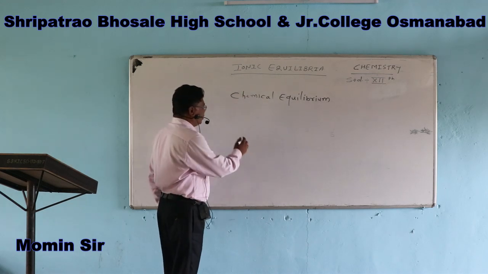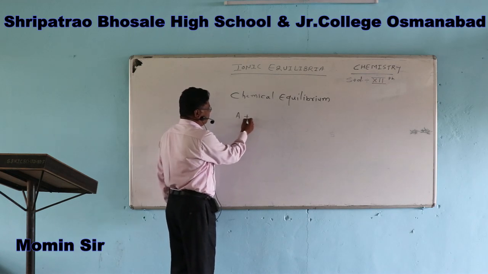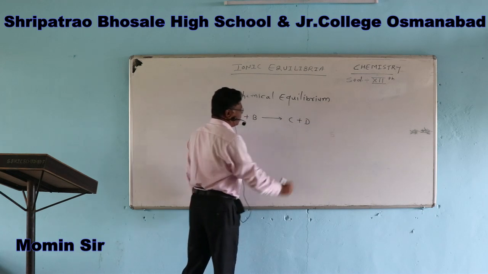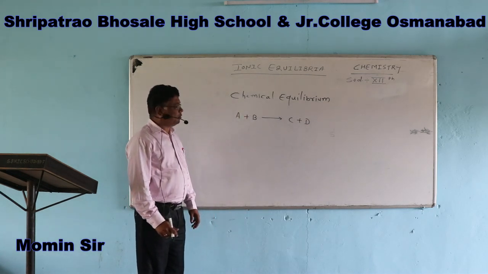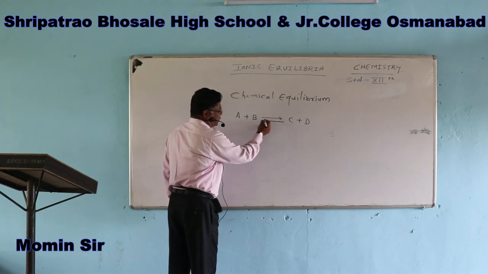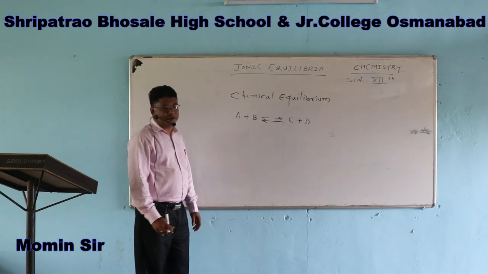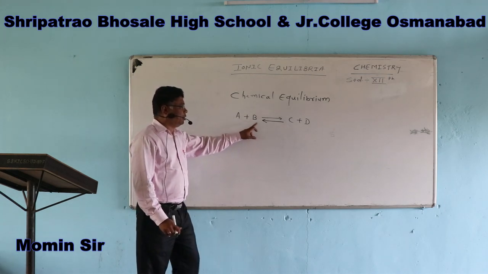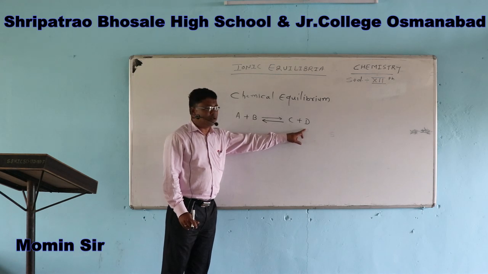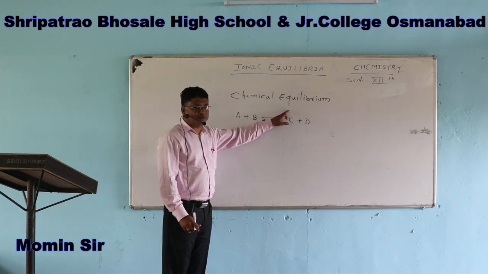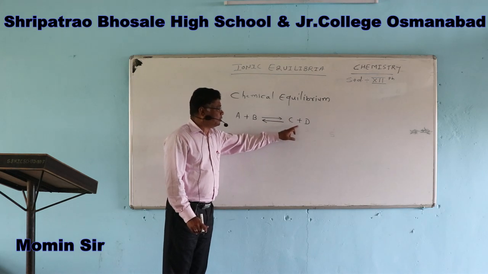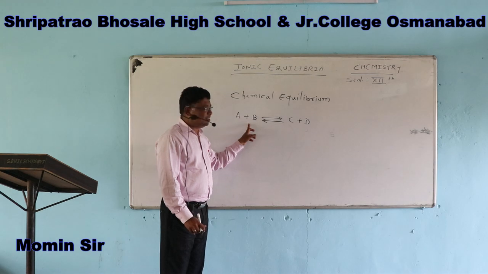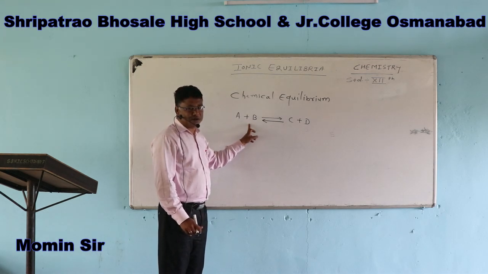You know that in a chemical reaction A plus B react to give C plus D, and C plus D again react to give A plus B. The reaction between A plus B to give C plus D is called forward reaction, and the reaction between C plus D to give A plus B is called reverse reaction.